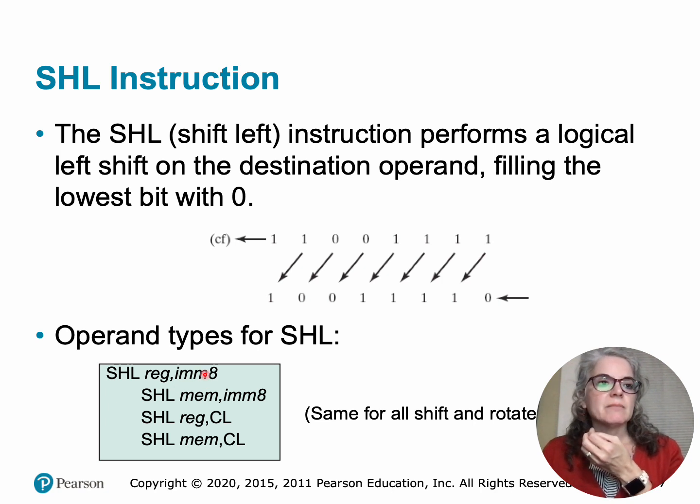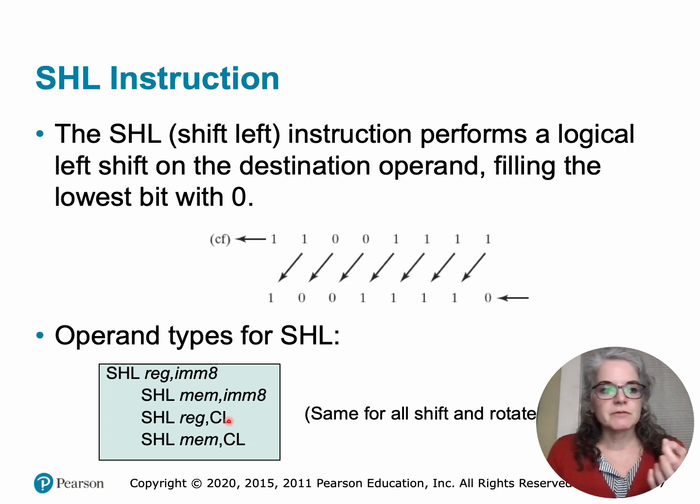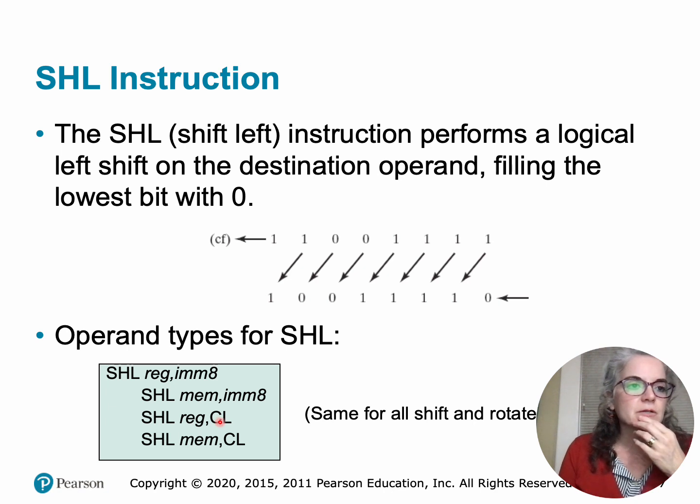So we can have an immediate value like just a number 1 or a number 2, which means we're shifting 2 bits to the left, or we can have the CL register with that number that we're shifting. So if the CL register contains a 2, that means we're shifting to the left 2.